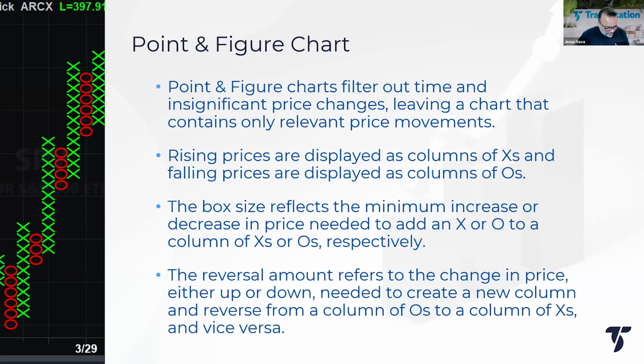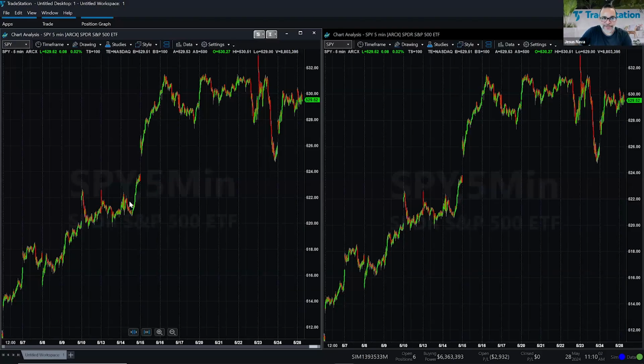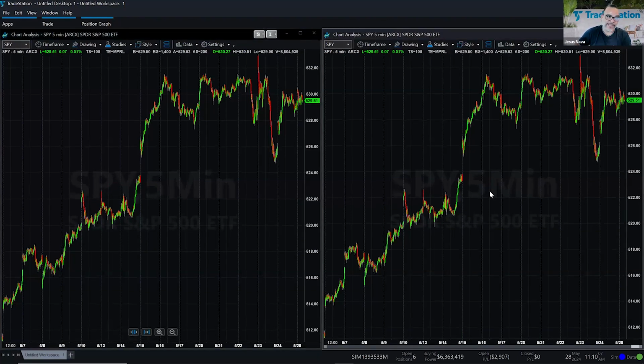Let's go ahead and take a look at point and figure over here on my platform. I'm going to leave the 5-minute chart here on the left-hand side. We're going to use it as a comparison to what we're going to do here on the right-hand side with point and figure. One of the things that I look at when I'm trying to decide what a significant point movement is for the security that I'm analyzing is looking at its price and also looking at how much the price moves in general on a 5-minute time frame or in a daily time frame.